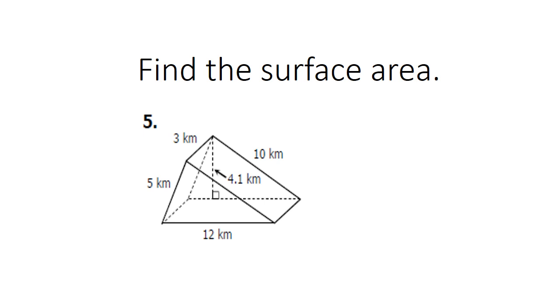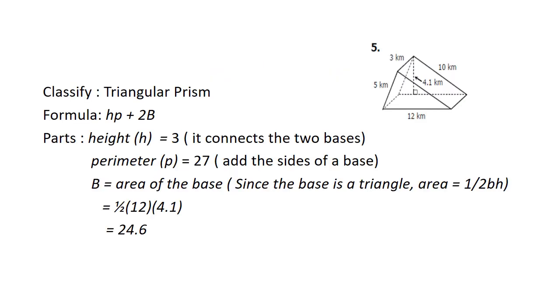These 2 shapes would be considered the base because there are 2 of them, they're parallel, and they're congruent. Notice that this particular prism is not sitting on the base, but we still would call the 2 triangles the base. So if I go through my 4-step process, I have a triangular prism again.